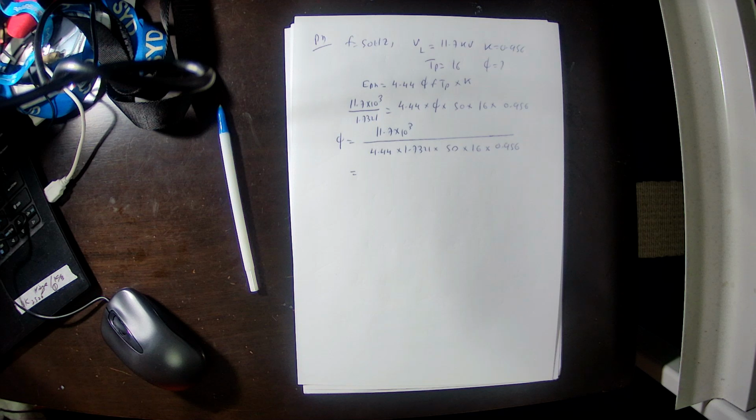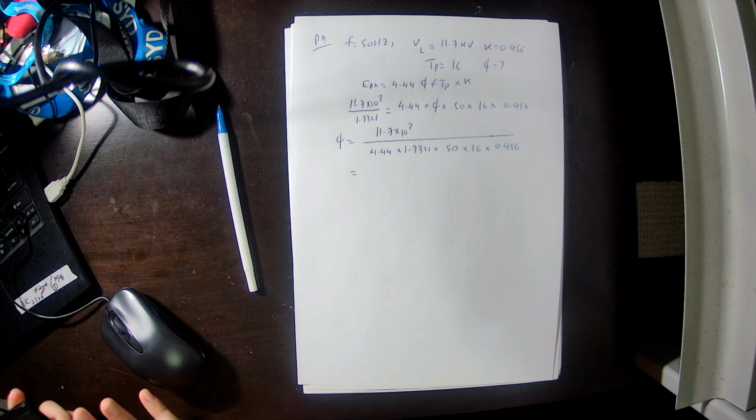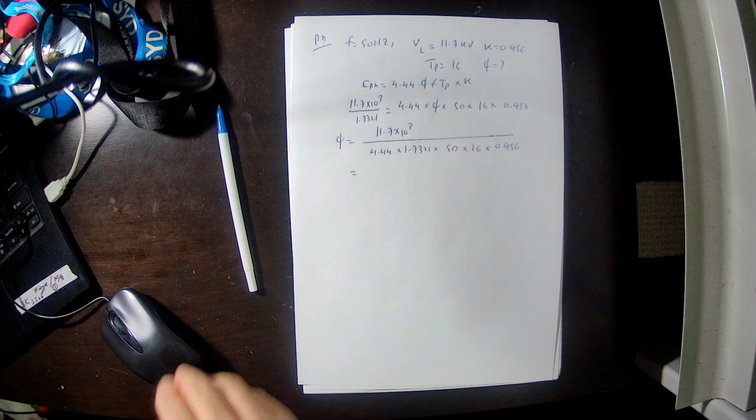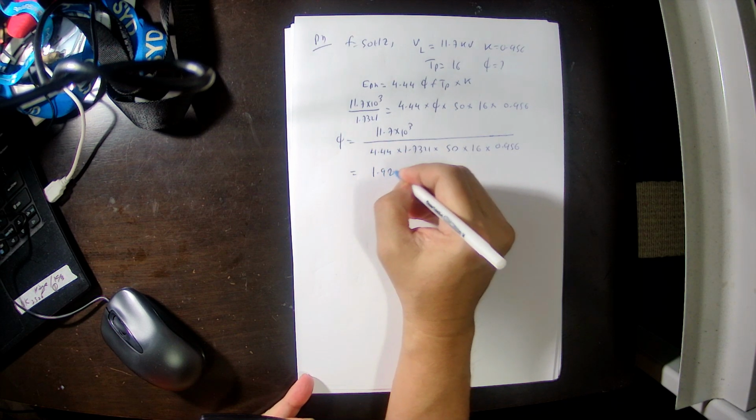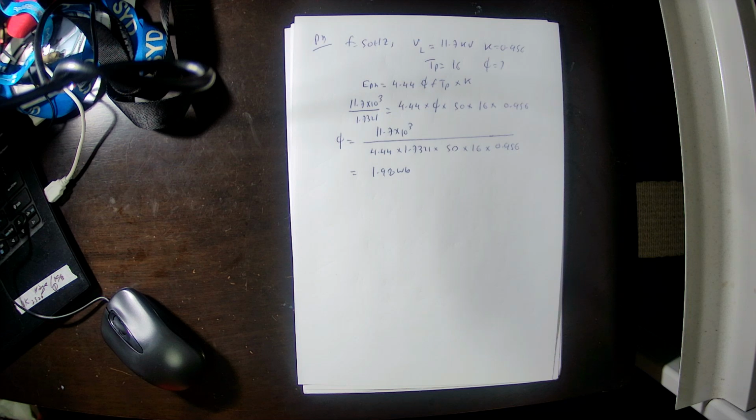The flux can be calculated this way: 11700 divided by 4.44, divided by 1.7321, divided by 50, divided by 16, divided by 0.956. So that will be 1.98 Weber.